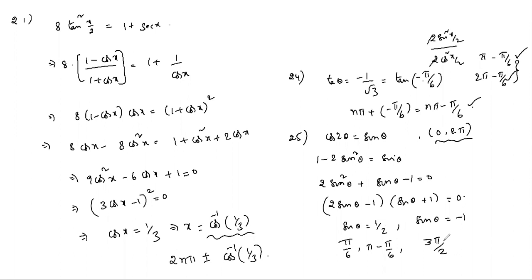So how many solutions do we get between 0 to 2 pi? 3 solutions. Otherwise, you can write the general solution and by putting n equals 0, 1, 2, and so on, minus 1, minus 2, and so on, you can find the solutions between 0 to 2 pi. Understand this one? The number of solutions is 3.